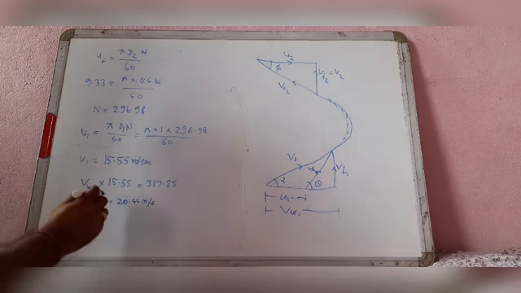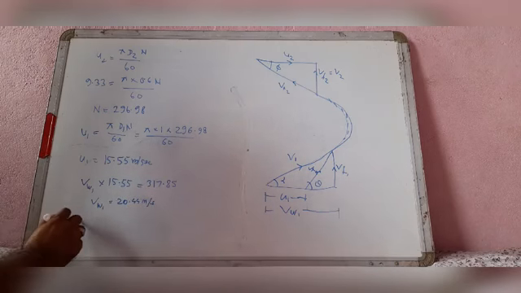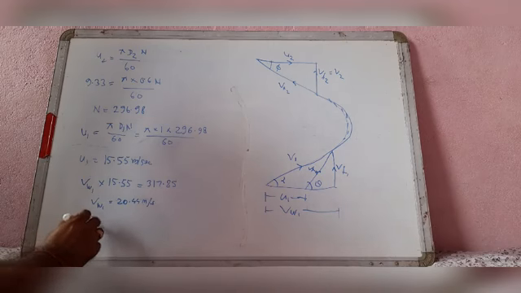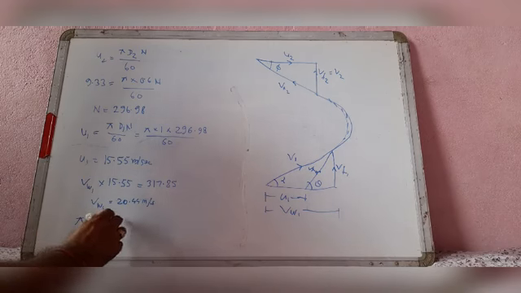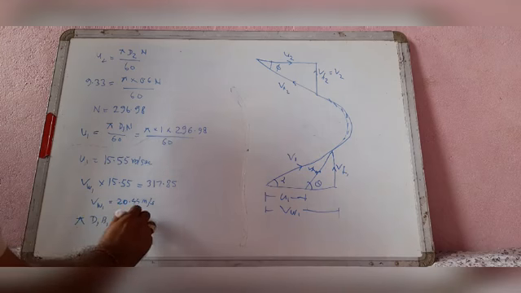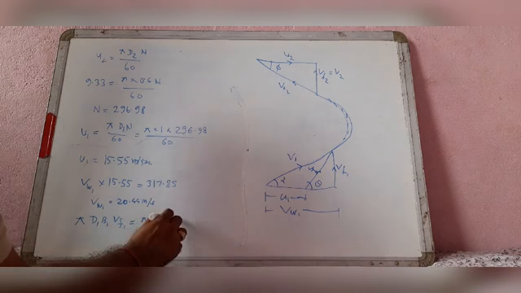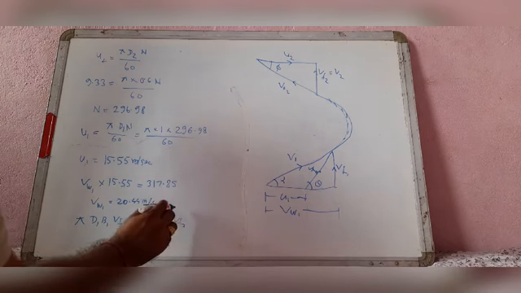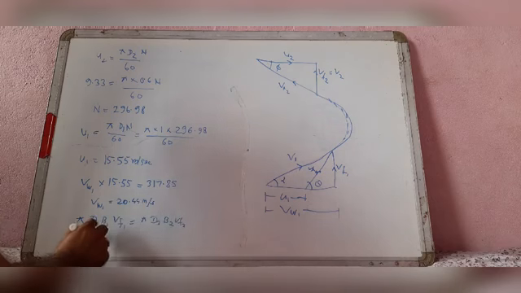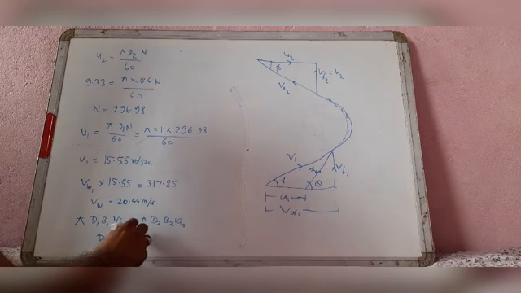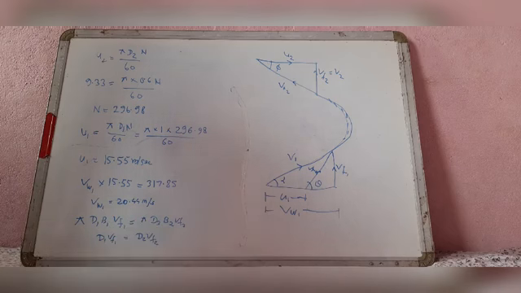Now, as you know from the continuity equation, pi D1 B1 Vf1 equal to pi D2 B2 Vf2, and this is Q. So here D1 Vf1 is equal to D2 Vf2.